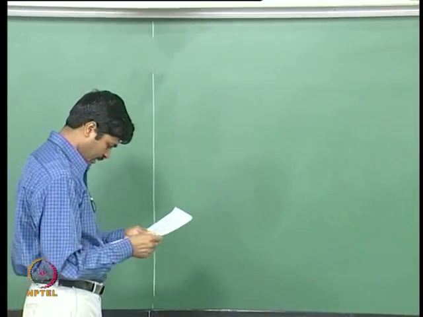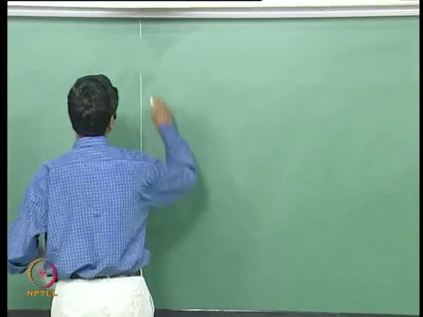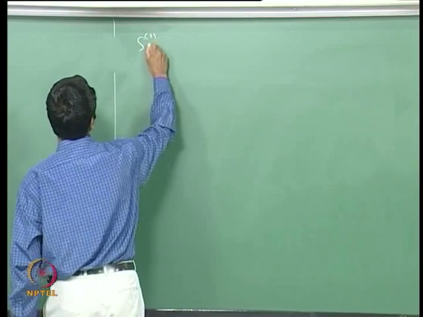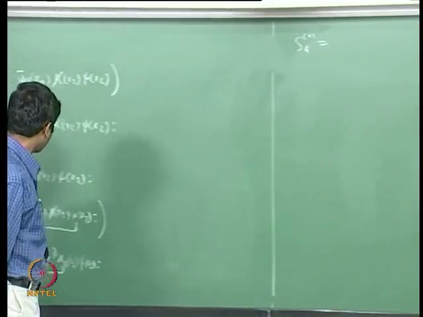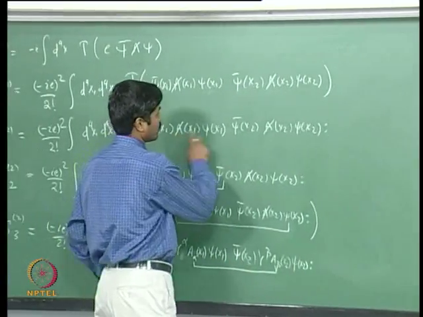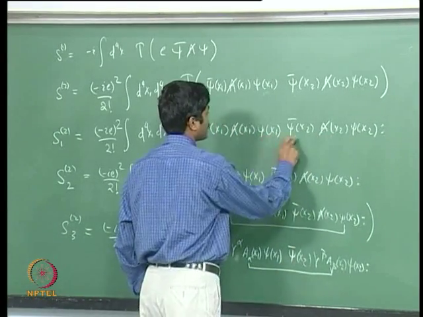I will denote S24 as the one which contains contraction of a pair of A of x1 and A x2 and a pair of fermions.